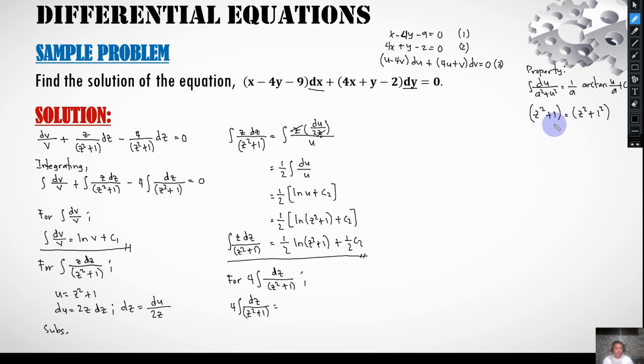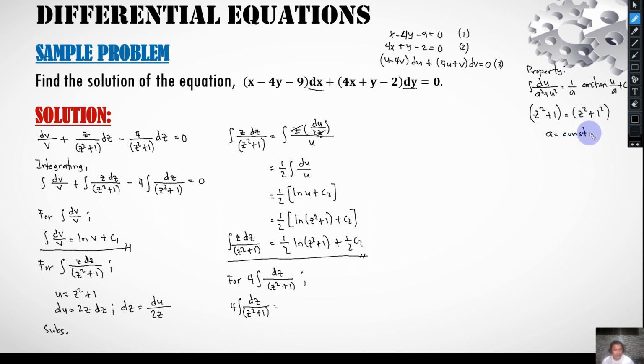So, yung a natin dito ay ito yung constant, students, which in this case ay 1. At take note na pwede nating i-emphasize dito na yung a ay ang constant sa property na to. Okay? So, by this, yung a ay constant.